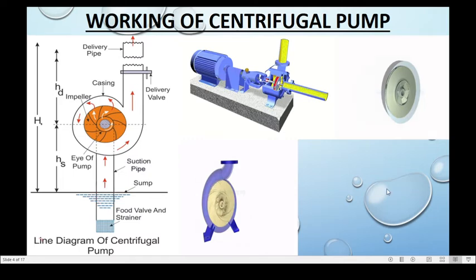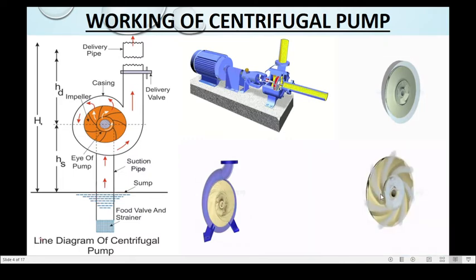So here, when the electric motor rotates, the shaft rotates. And when the shaft rotates, the impeller rotates. Okay. And then when the impeller rotates, the water rotates. This imparts centrifugal force to the water particles and the water particles move radially outward.